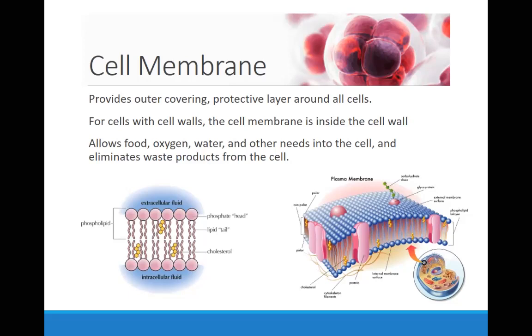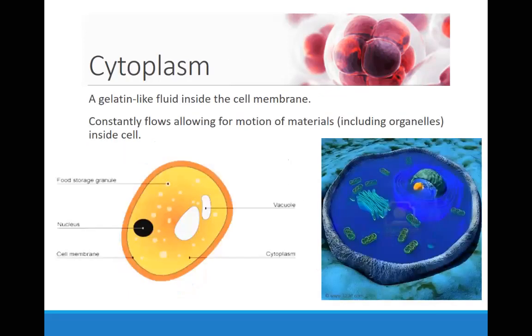Okay, the next one that we're going to highlight is the cytoplasm. Most people think of it like a really thin fluid like water, but it's actually a little bit more like jello that hasn't set. So it's kind of gelatin-like, but it's definitely fluid and it definitely flows. And it's constantly moving.